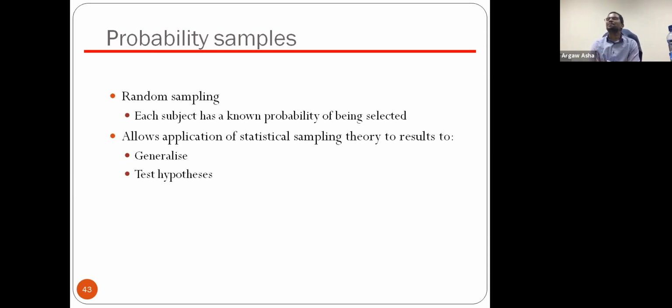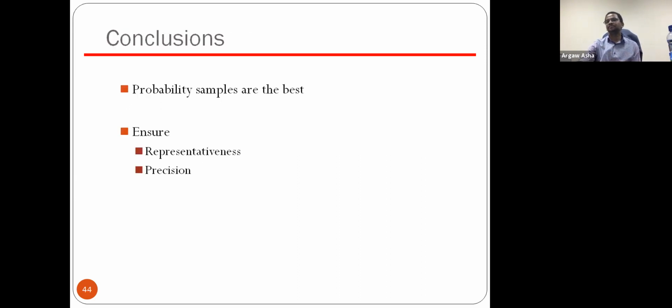Whenever you are using a test of hypothesis, in such cases it depends on a known probability of being selected in the given situation. However, probability sampling is the best way.